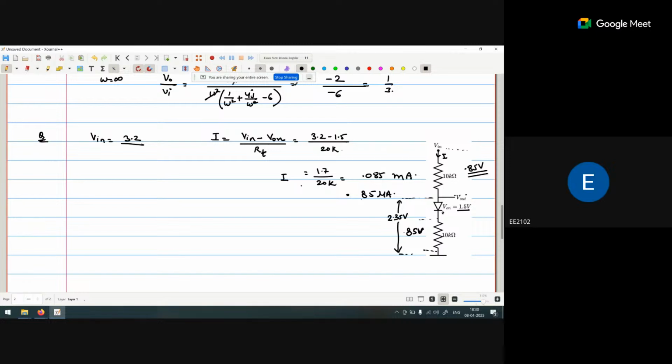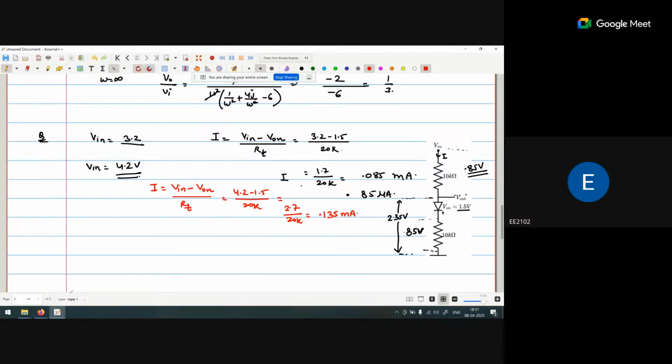Okay. Yes, sir. Now we change the V in to 4.2 volts. So I just change the color. Okay, so 4.2. Now the current value is again V in minus V on upon RT, that is 4.2 minus 1.5 divided by 20k, that is 2.7 divided by 20k, which is 0.135 milliampere.